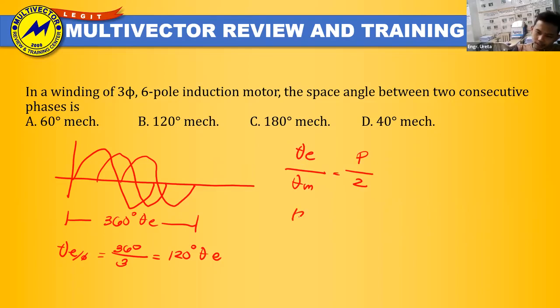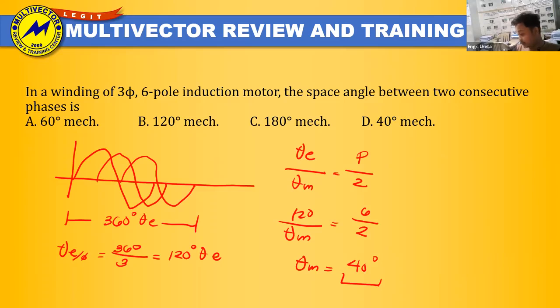So 120 divided by the mechanical equivalent theta, where P is equals to 6 and all over 2. Therefore, theta M is just equals to 120 divided by 3, which is 40 degrees. So 40 degrees, so letter D. Okay, yun yung problem number 79 natin.